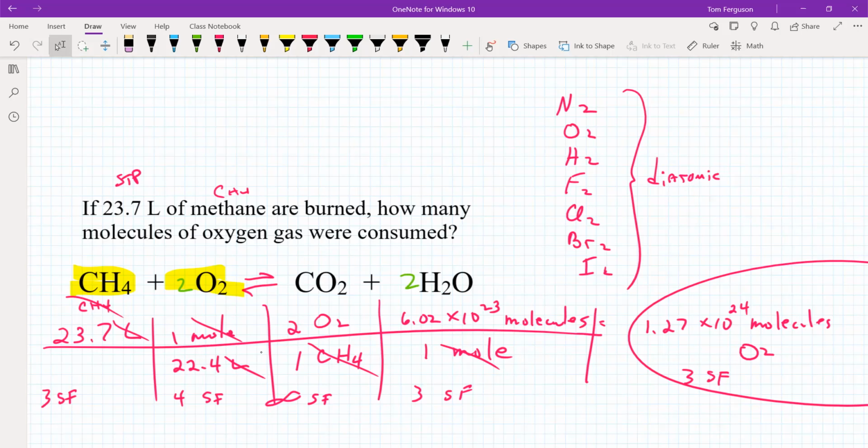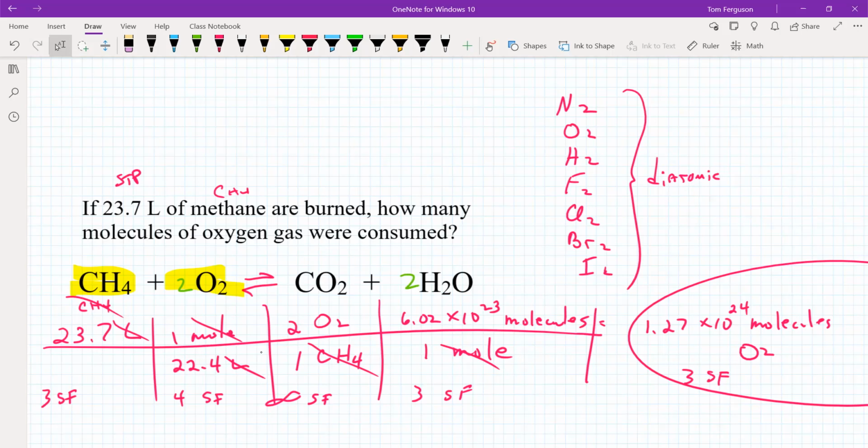There are 7 diatomic gases, and those are listed. There's nitrogen, oxygen, all the halogens. So that's F2, Cl2, Br2, I2, hydrogen, nitrogen, and oxygen. So there's 7. But if you just remember hydrogen, nitrogen, oxygen, and all the halogens, it's only 3 to remember.